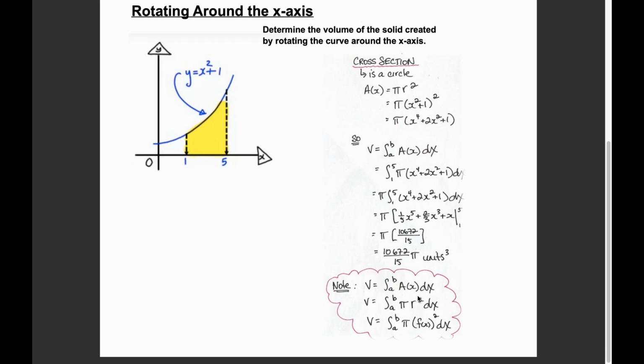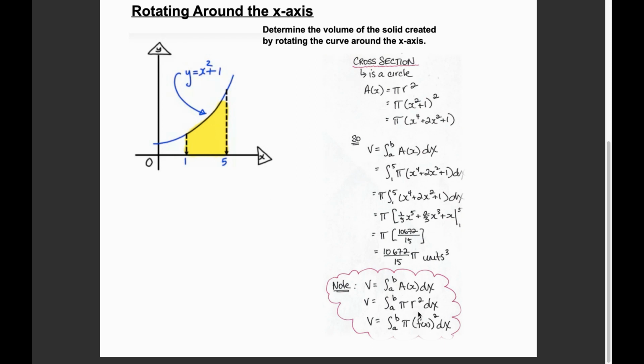And again, just connecting it back to those formulas that we showed you up above. Here I used the integral from a to b of A(x) dx. So there's our area, and that gives us our width to make it three-dimensional. I can take that area and rewrite it as pi r squared. And we know that our radius is always determined by our function because it goes from the x-axis up to that function, and that's going to be the height of it.